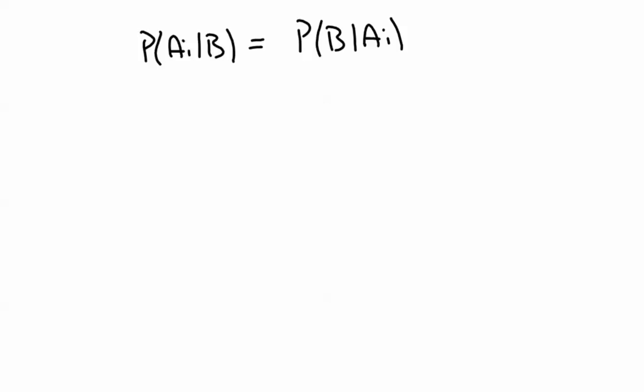Let's write Bayes' theorem down one more time. Probability of A sub I given B equals probability of B given A sub I times the probability of A sub I divided by the summation.